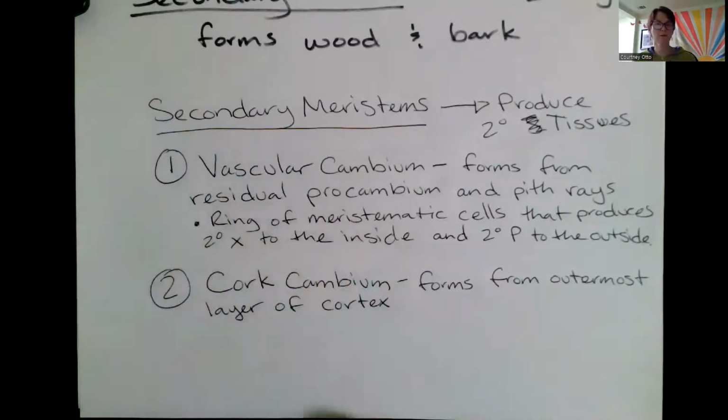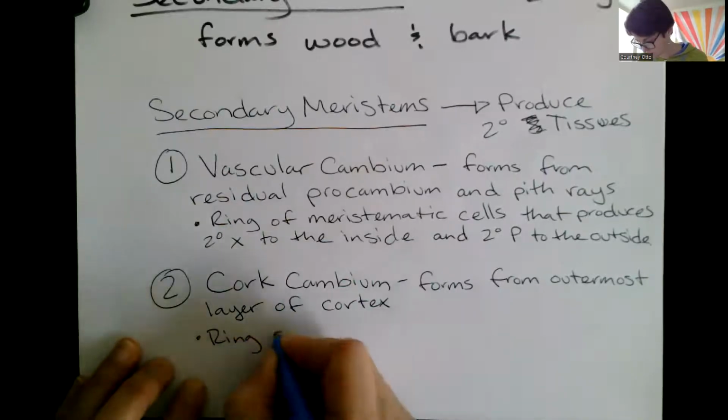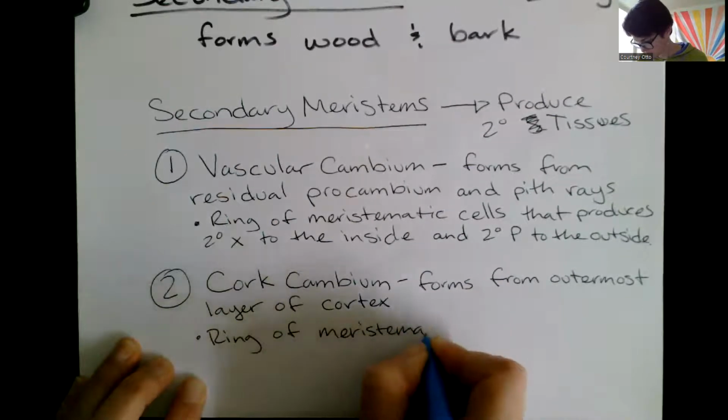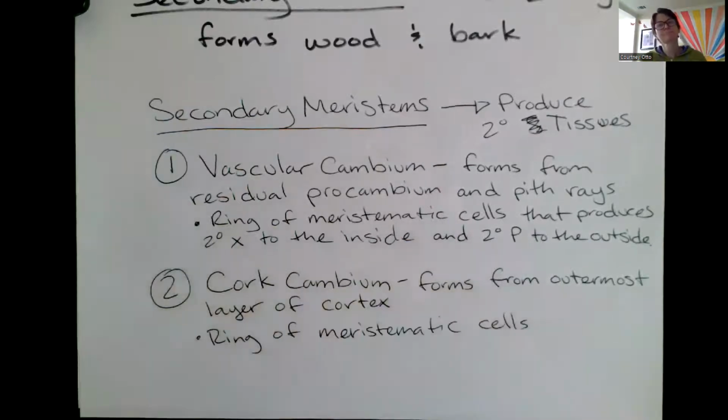And it, like our vascular cambium, is going to be a ring of meristematic cells. And just like our vascular cambium, it's going to be dividing to the inside and the outside. And based upon whether those cells are produced to the inside or outside is going to affect their development, affect their fate, right? What they turn into.